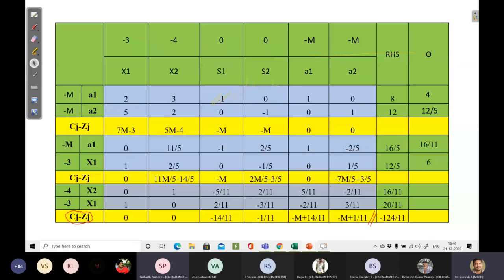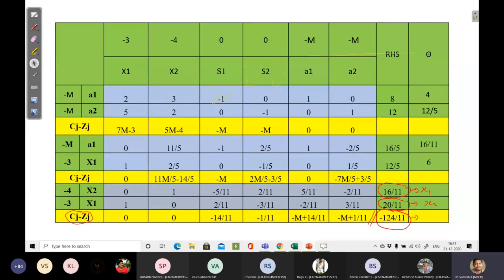So this is the end of your iteration, and your x1 value will be 16 by 11. You can see directly from the results here, 16 by 11 is your x1 coefficient. 20 by 11 will be your x2 coefficient. And why is this minus 124 by 11?